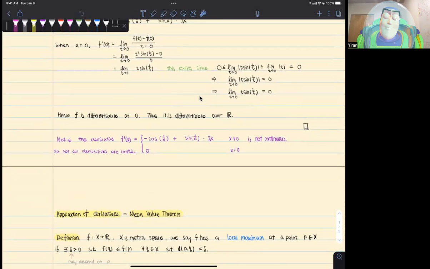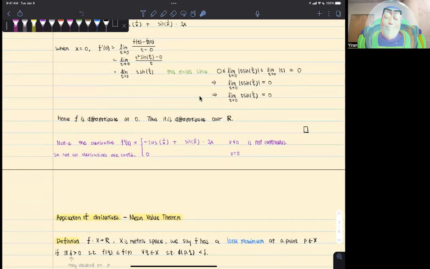You can use the definition to check, or I think the easier way is to use sequences. You can list two different sequences that converge to 0, but f' of those two sequences converges to different numbers.